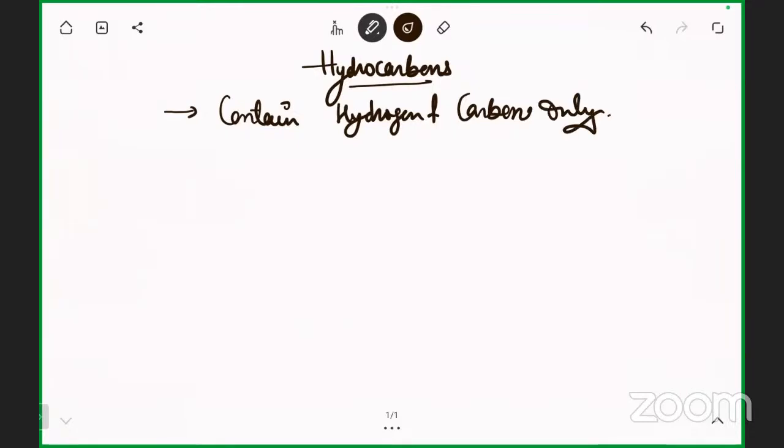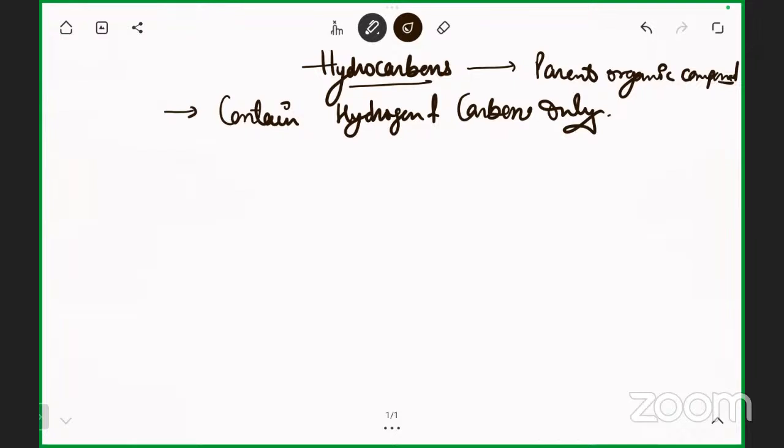Hydrocarbons. Hydrocarbons are considered the parent organic compounds. Why? Because all the other organic compounds are derived from the hydrocarbons by replacement of one hydrogen, two hydrogens, three hydrogens. That's why we say hydrocarbon is the parent organic compound.